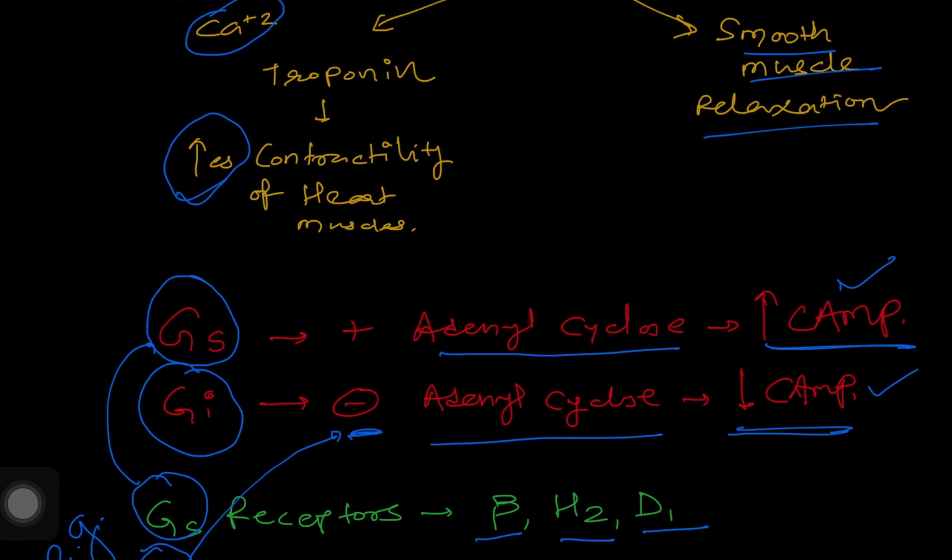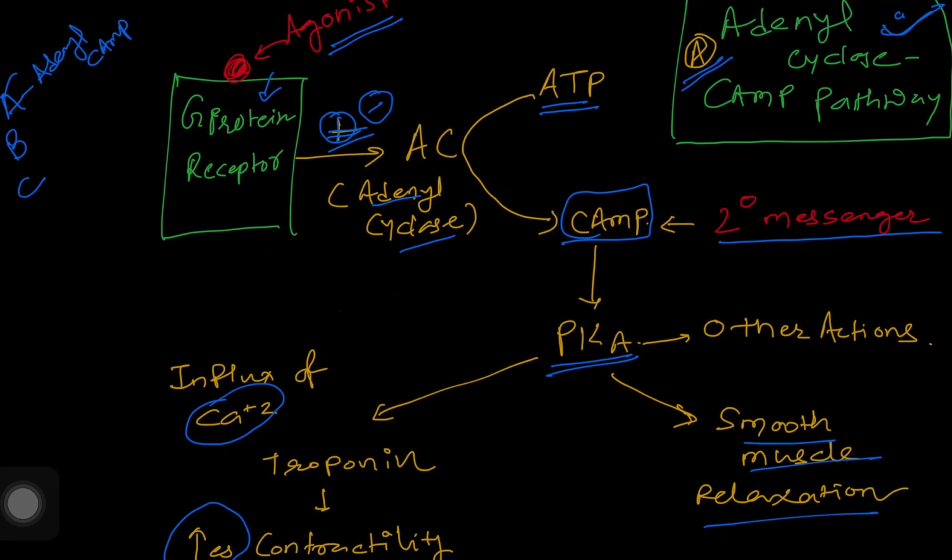These are some of the examples you need to remember. So in the first pathway, the adenyl cyclase cyclic AMP pathway, we have seen two receptor types, GS and GI. That is one way of action of this G protein coupled receptor.